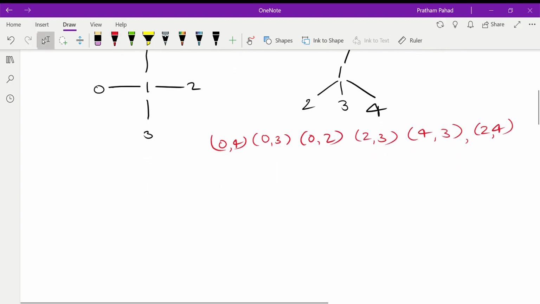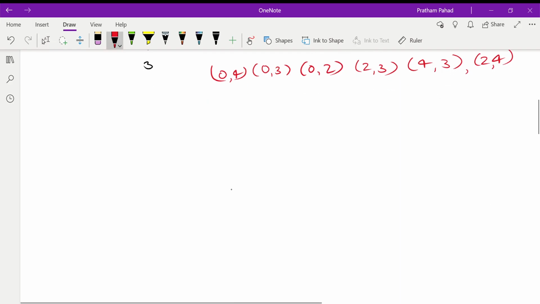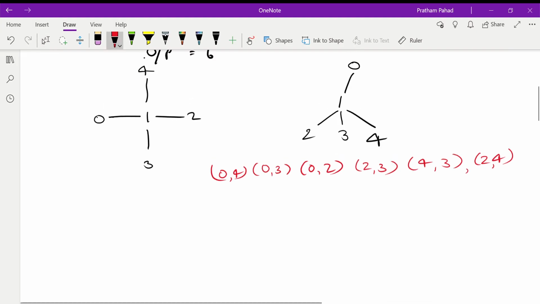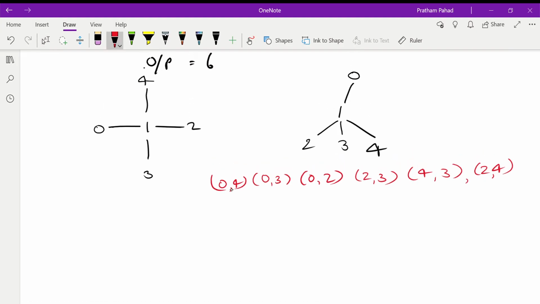Let's understand how we can solve this problem. One key idea to solve this problem is that when a node is removed, let's say this node is removed, we get some number of subtrees. We get 0 1 and we get 1 2, 1 3 and 1 4. If I remove this connection, I get subtrees.